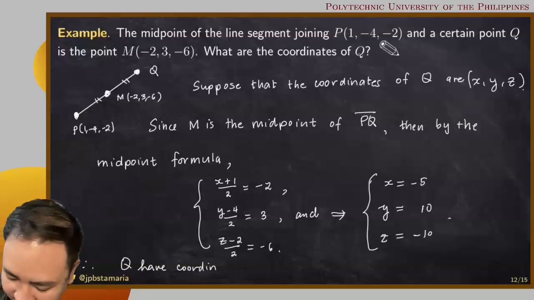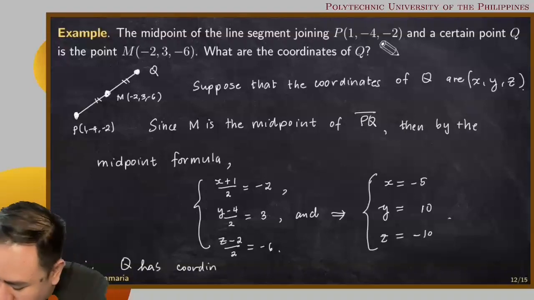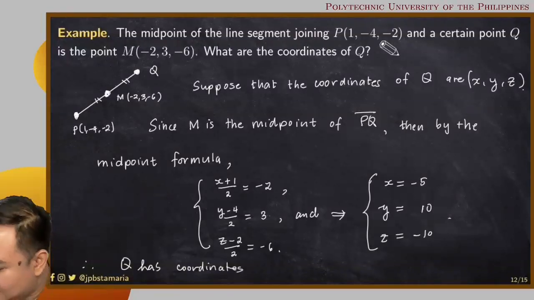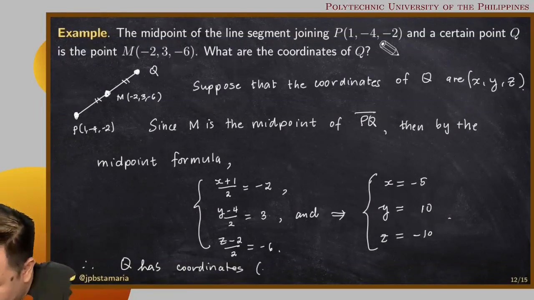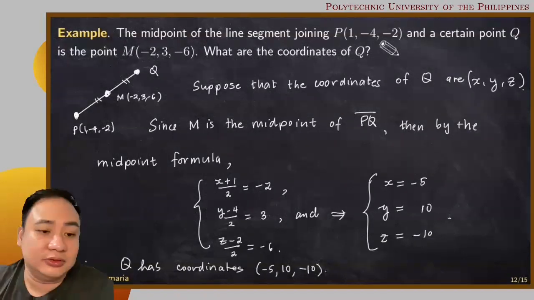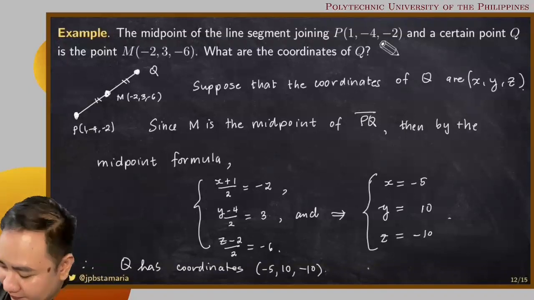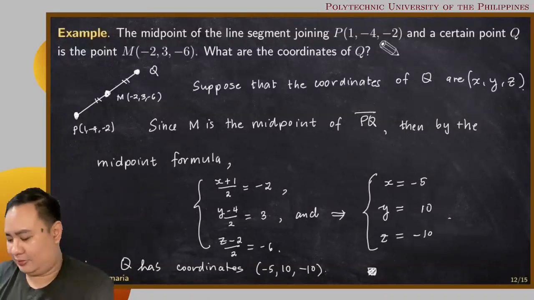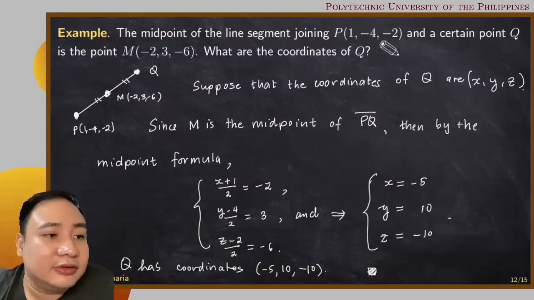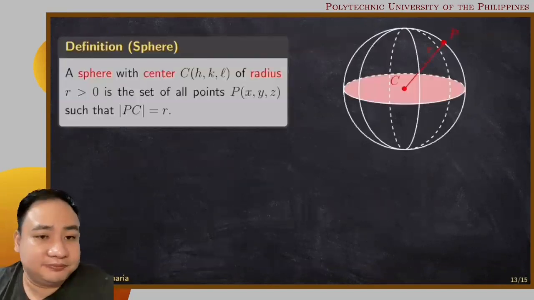Q has, ano ba ang English natin? Q has coordinates negative 5, 10, and negative 10. So alam mo yung location ng Q. Okay? All right. So that's it for this example.